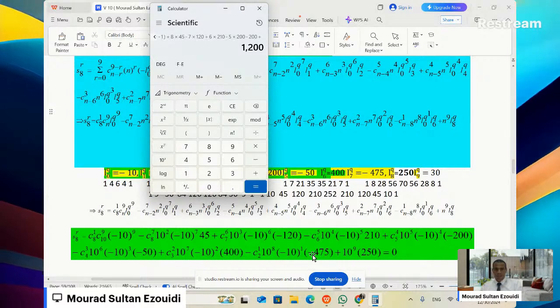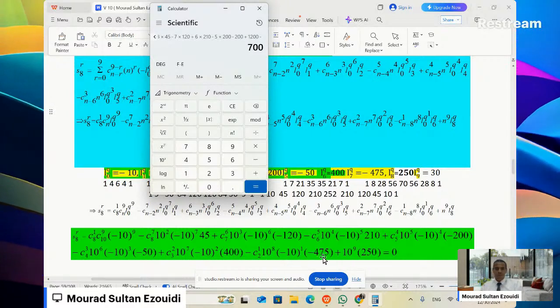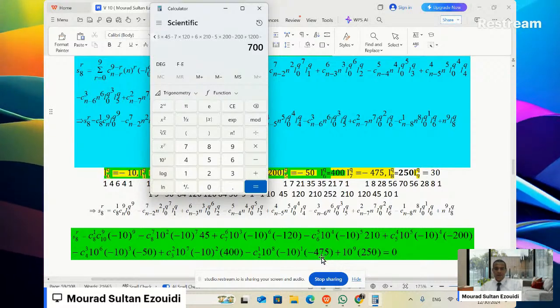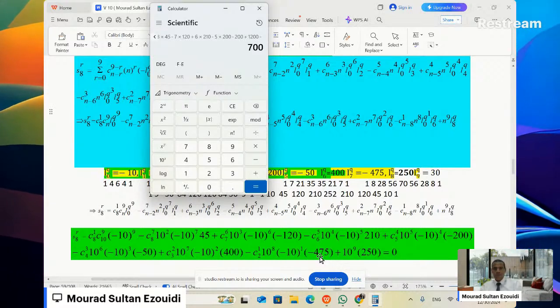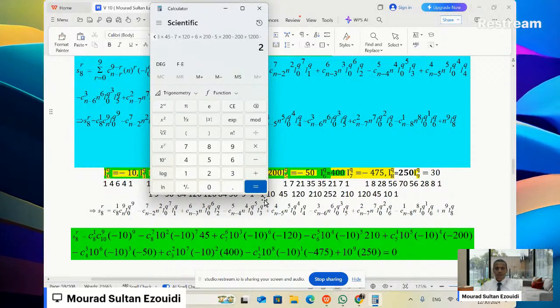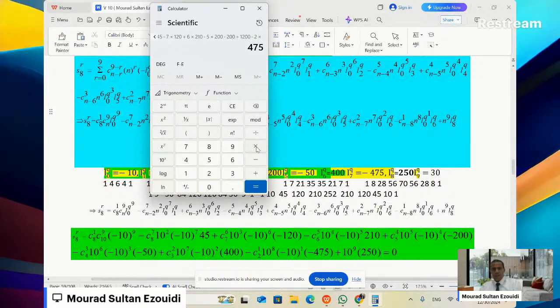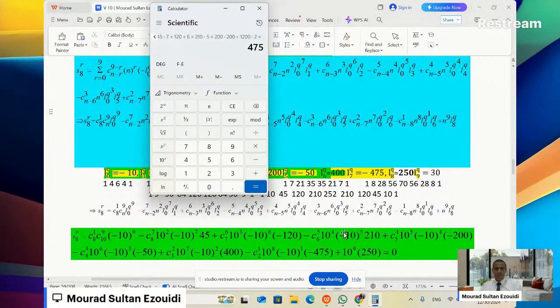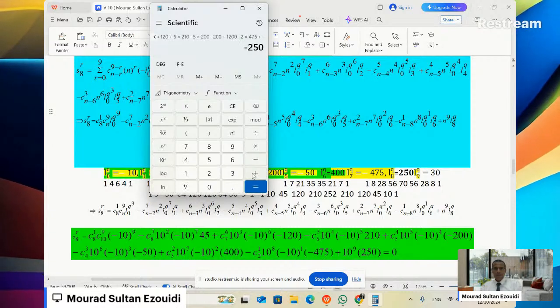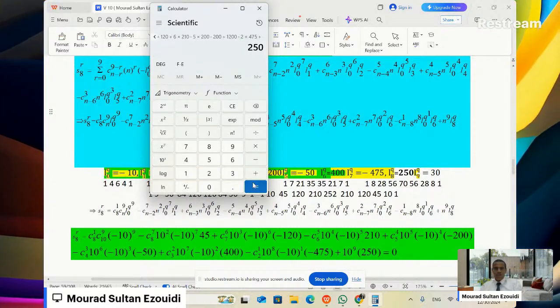Then minus multiplied by minus multiplied by minus is negative. Negative 2 multiplied by 475. Then plus 250.